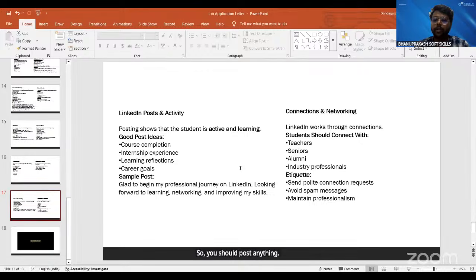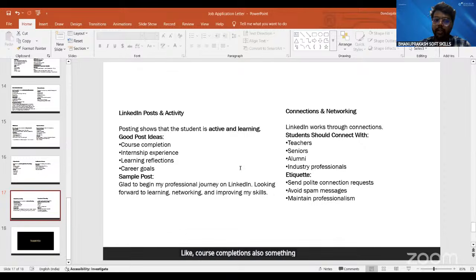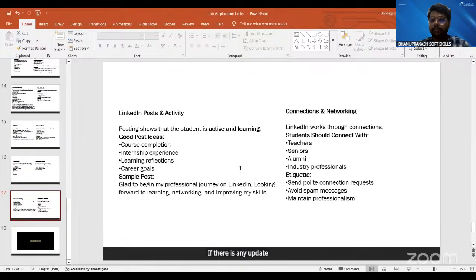Then what kind of things do you need to post? You already set one goal in a particular domain, right? So you need to get updates on that, and share with everyone what new updates came in. Course completions are something you can post, or internship experience, learning reflections from anything that you have learned, and career goals, or simply any update in AI or the domain that you are looking for.